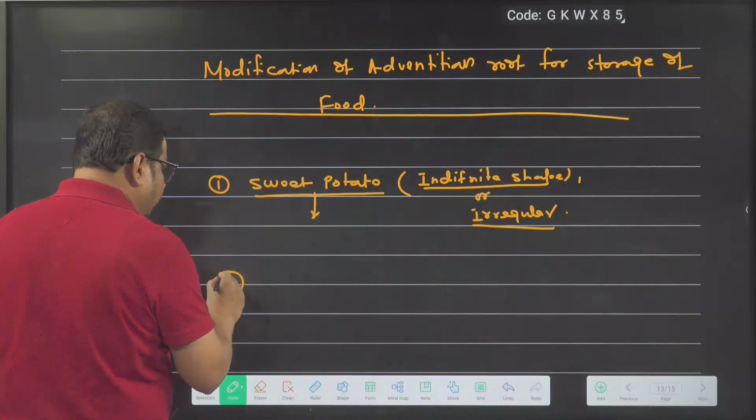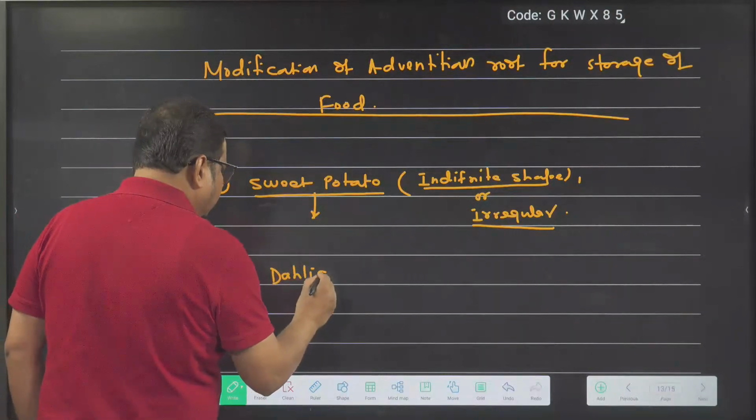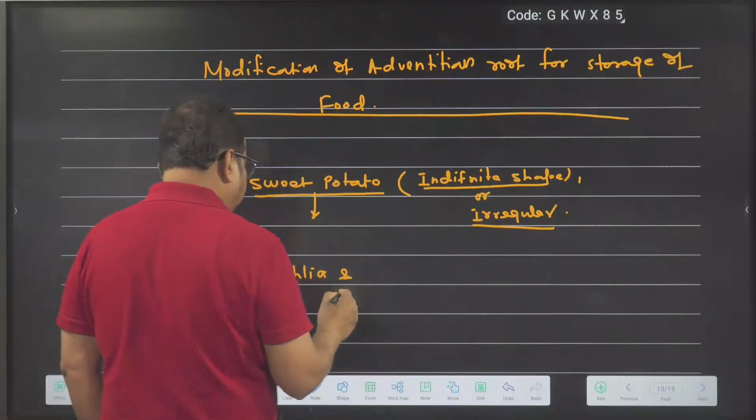Another example I am writing: dahlia and asparagus.